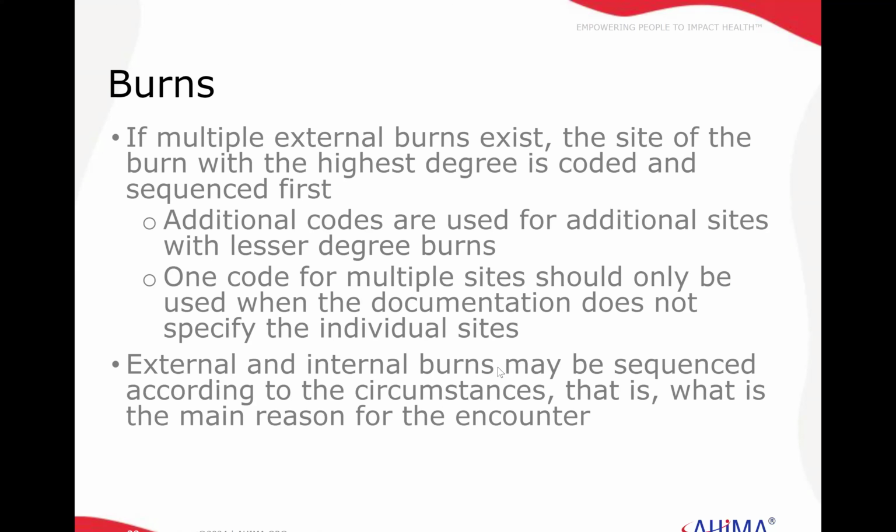In other words, what is the main reason for the encounter? Kind of goes back to what we talked about in the first couple of weeks of the class, where we're looking at not only the principal diagnosis, but what's the reason for the encounter? And again, going back, you want to have the most serious coded first.